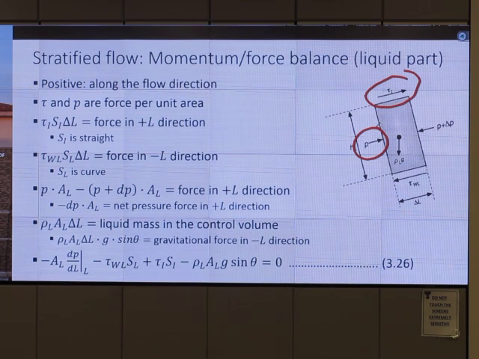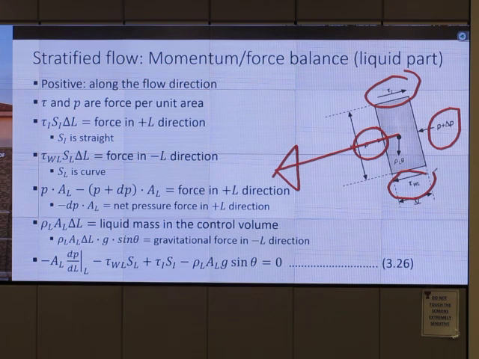And another part of the force to the right hand side is zero. It's just that, right? So now let's take a look at the force to the left hand side. Force to the left hand side is P plus delta P, and rho G sine theta, and tau WL. So we have three of them.